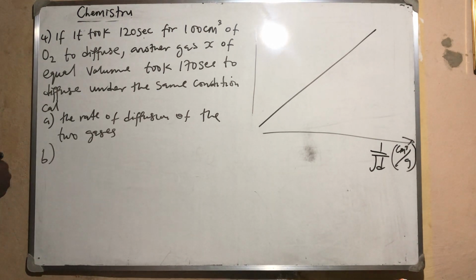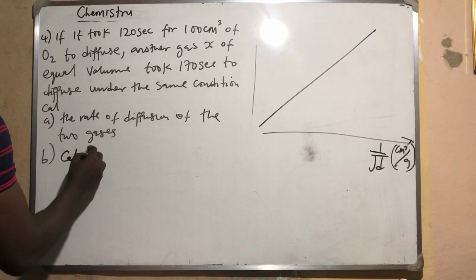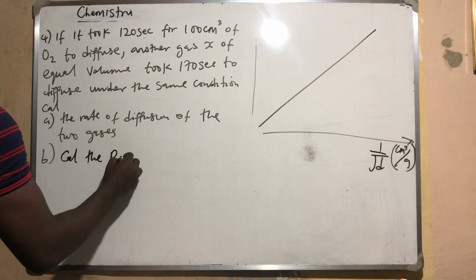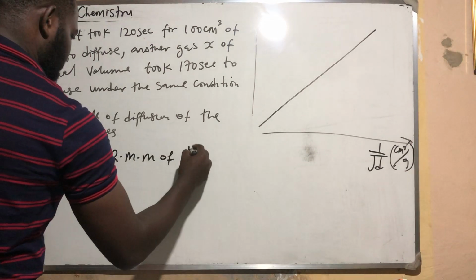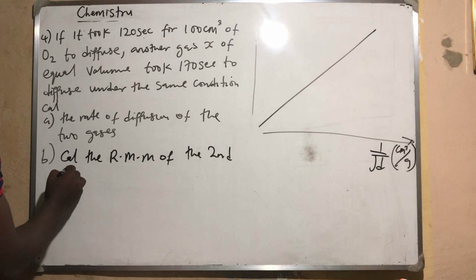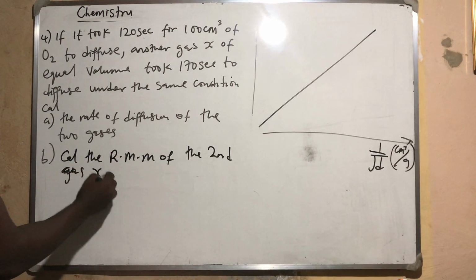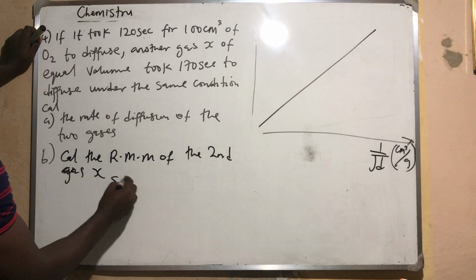Number B, calculate the relative molecular mass of the second gas, gas X. Okay, very simple solution.